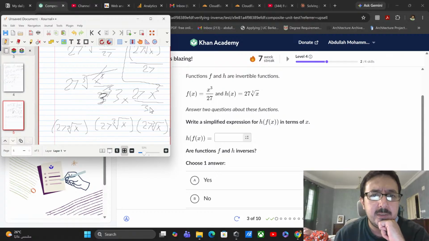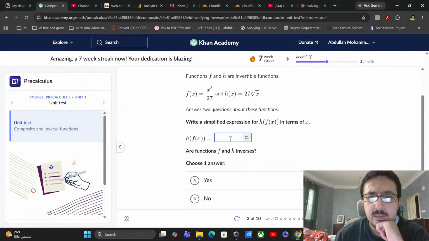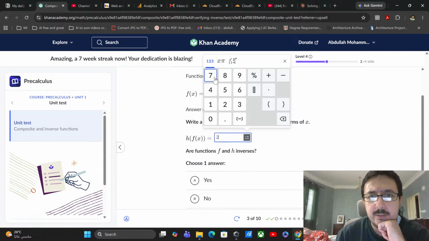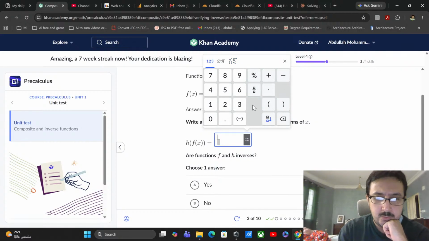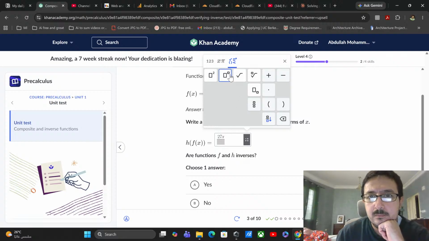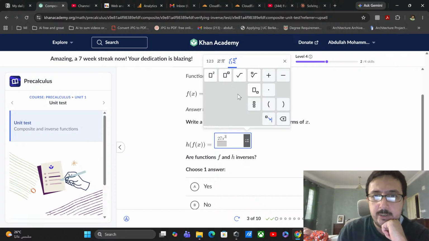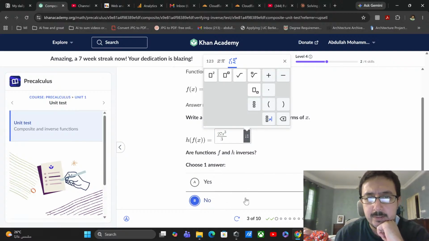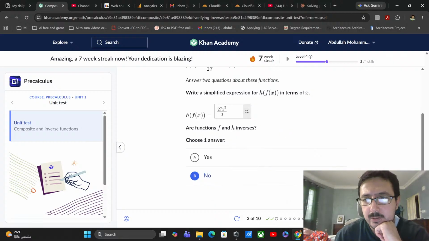27x squared over 3. 27, 27x, square. Nope, not an inverse.